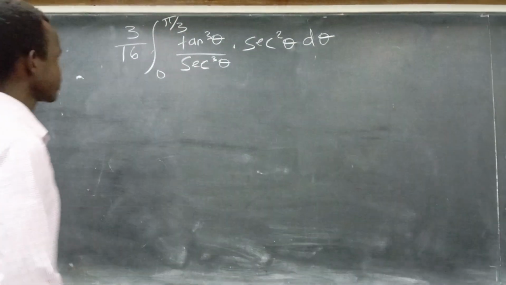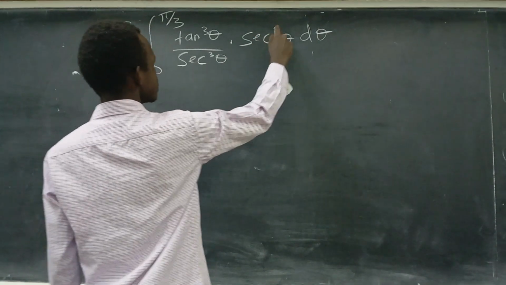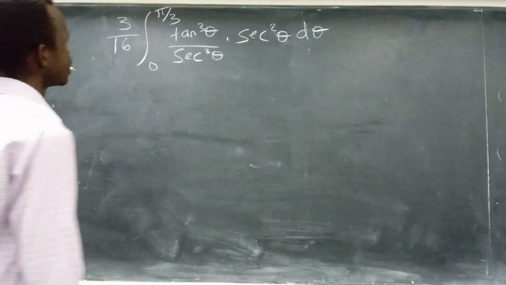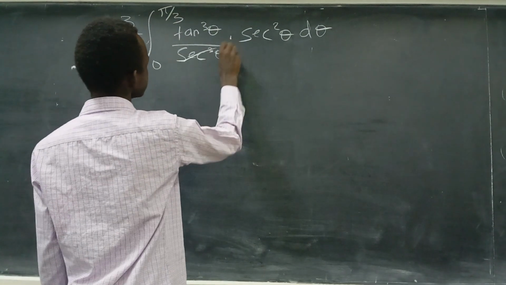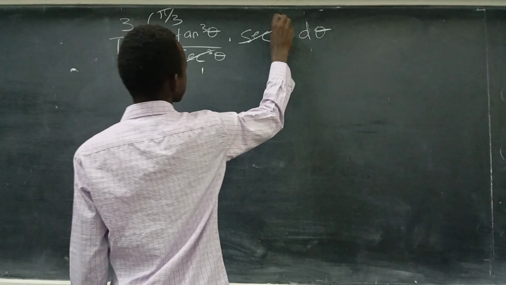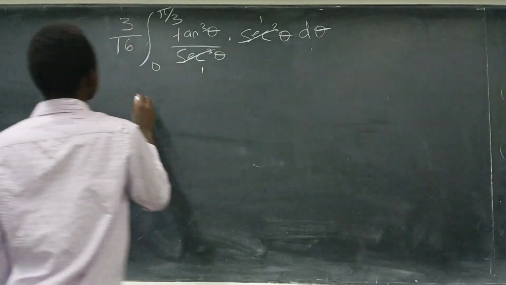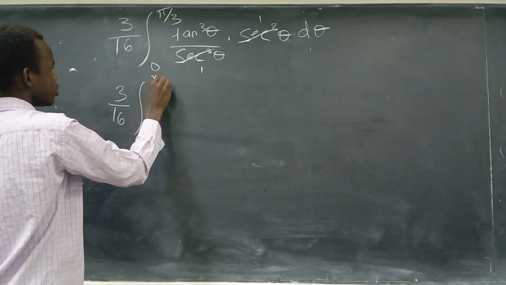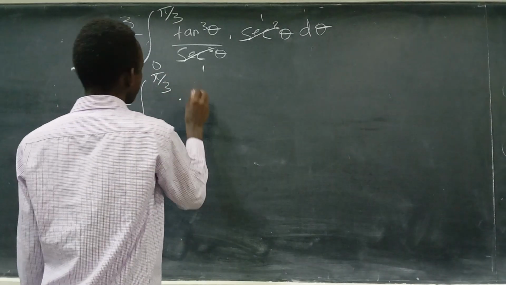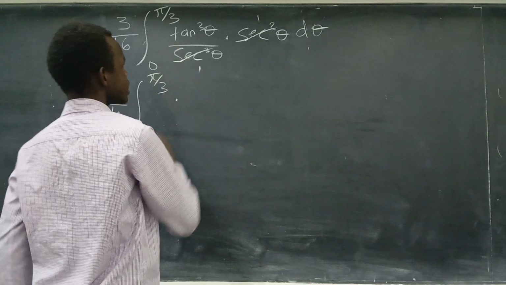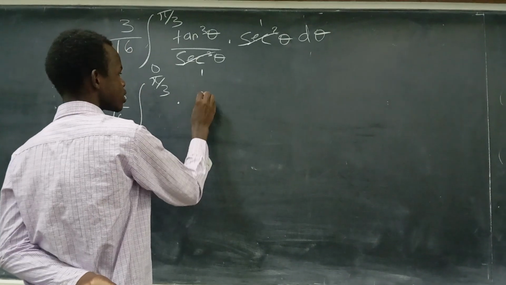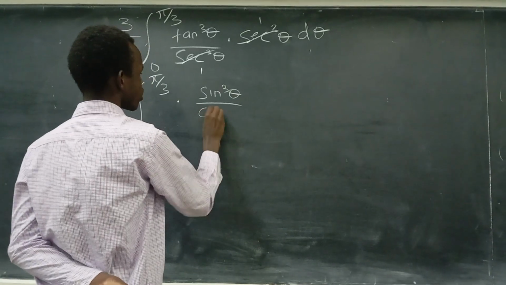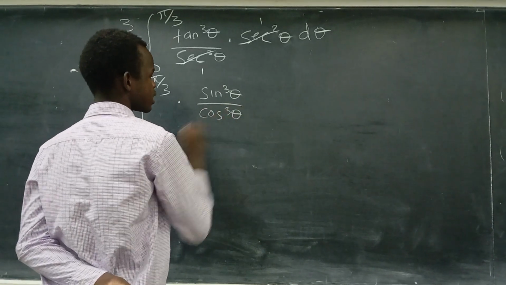So from there, let's cancel out this part and this part. Okay. So I'll cancel this, will be remaining 1, cancel this, will be remaining 1. Okay. So I'll get 3 over 16, the integral from 0 to pi over 3 multiplied by, what's my tan cubed theta? Tan cubed theta is the same as sine of 3 theta divided by cos of 3 theta, right?